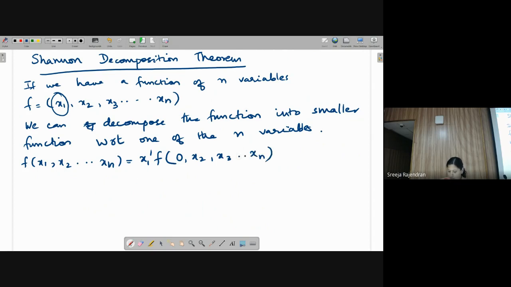So I am replacing wherever x1 comes in the function with 0, plus x1 times the function with 1, x2, x3 up to xn.